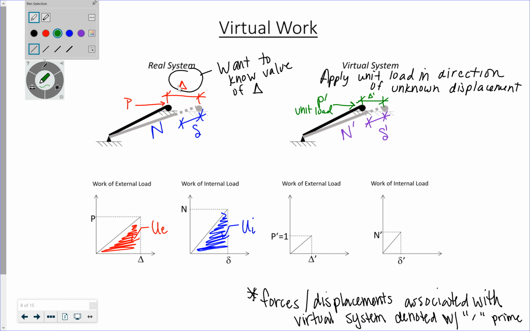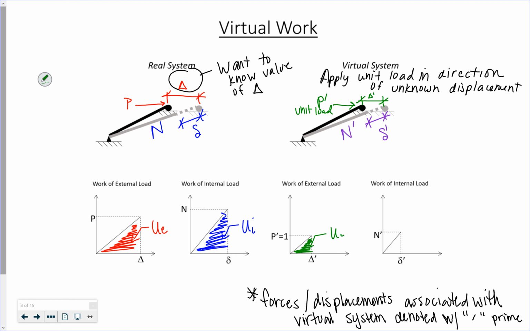Right? And again, I can chart the work of the load. This is the external workload, UE prime.